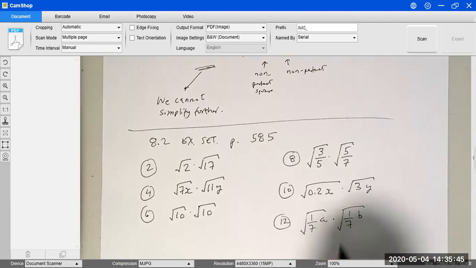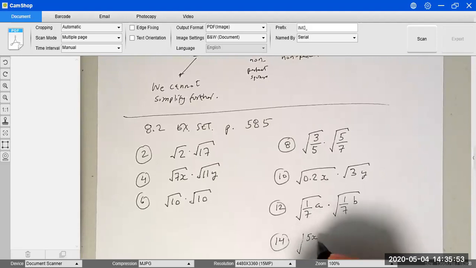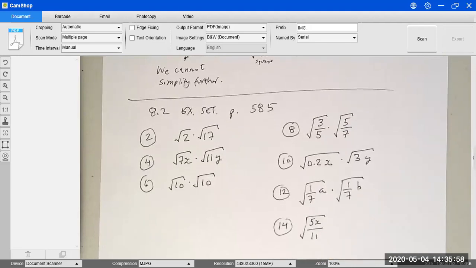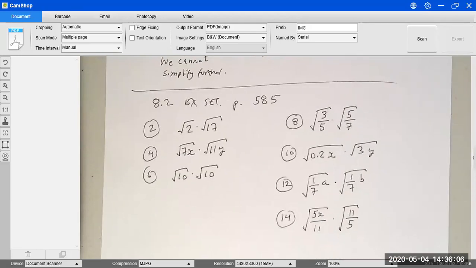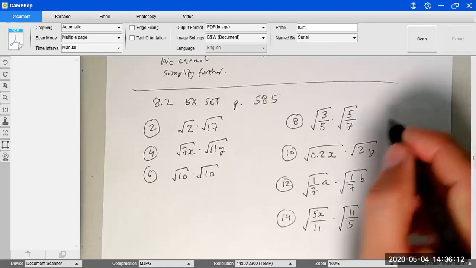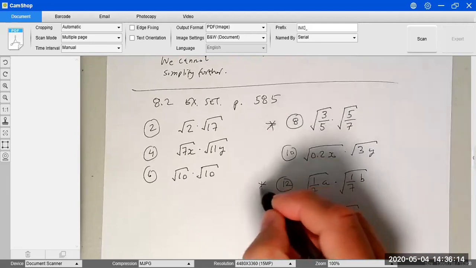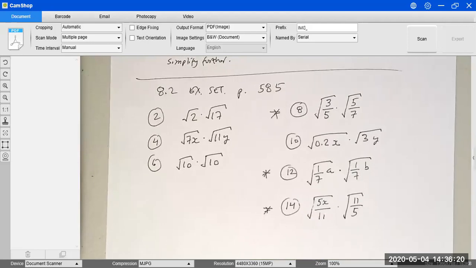And finally, from this subsection, you have the square root of 5x over 11 as the first radical, times the square root of 11 over 5. So I'm going to need at least the last problems. These ones, 8, 12, and 14. Solve these three and send me your answers because I need you to work a couple of more problems.